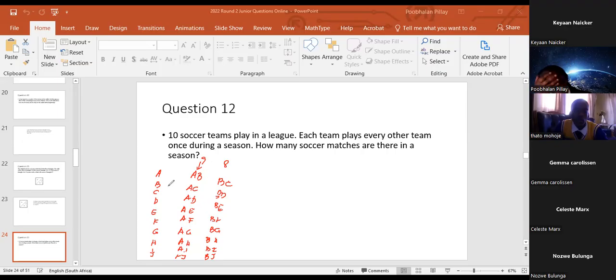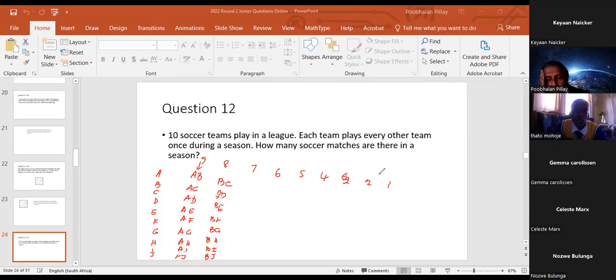Once you discard A, then you've got 8 matches for B. And if you try C, you'll see that you've got 7 matches because now you must discard both A and B. Those are already counted. So for C, you will have 7 matches. For D, E, F, G, it goes 7, 6, 5, 4, 3, like that.